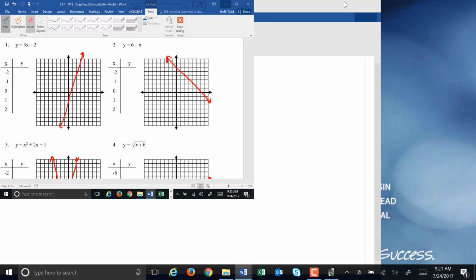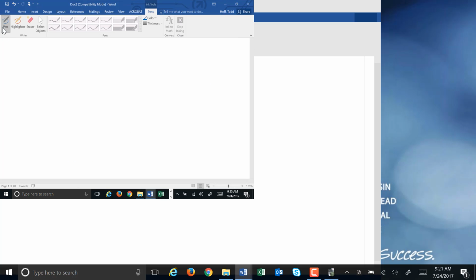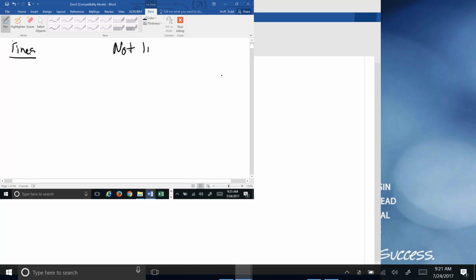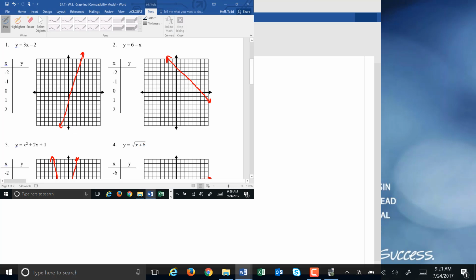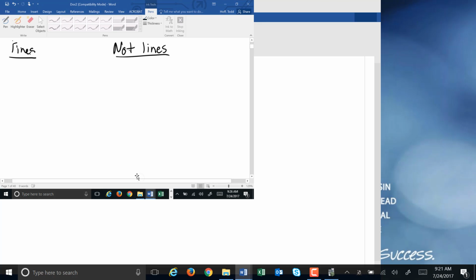So let's just make a list of equations that made lines and ones that were not lines. We had 3x minus 2 and 6 minus x were both lines.